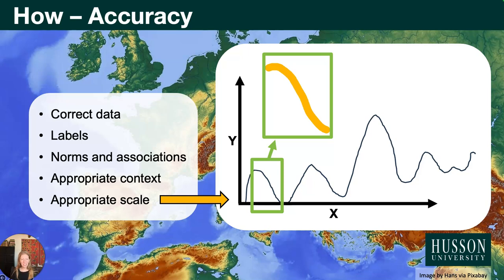So thinking of the scale of this, if you zoom way out and it looks like a flat line, but if you zoom really close in, then it looks like there's more peaks and valleys. All of these pieces are important to consider in how you are accurately representing the information that you have and guiding your audience. So here, for example, if you zoom in on this part, it looks pretty flat and consistent. So again, really being mindful of what are we looking at in this data.